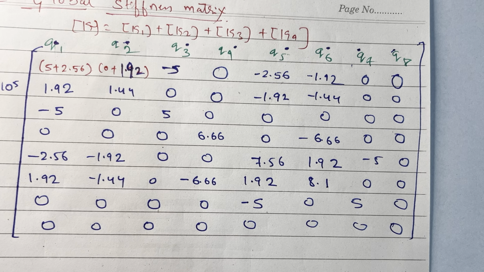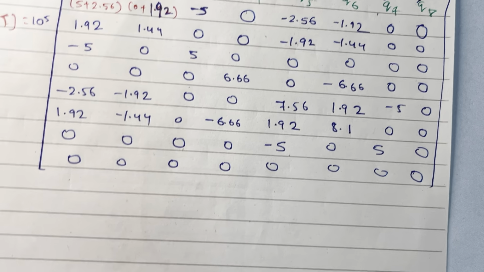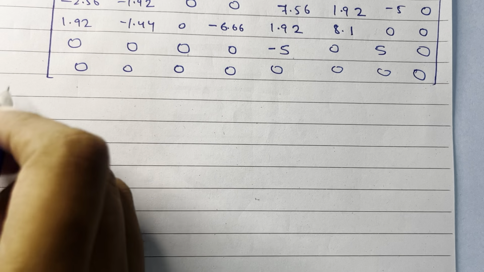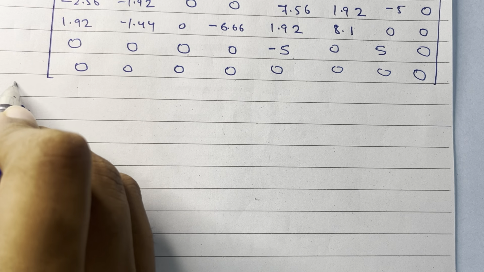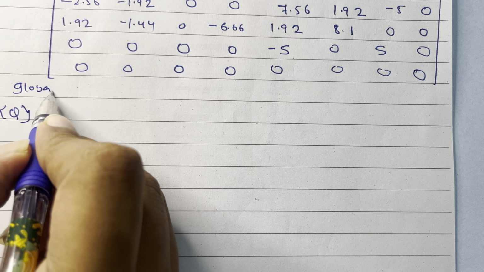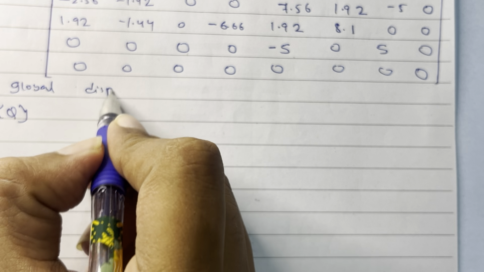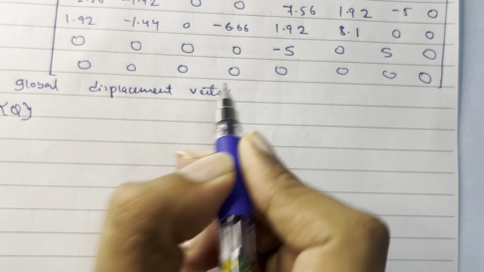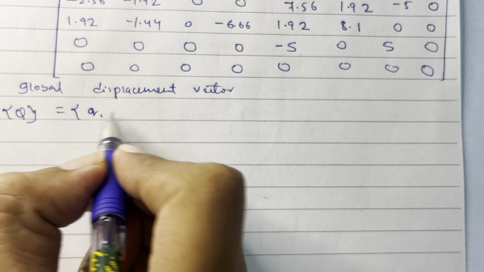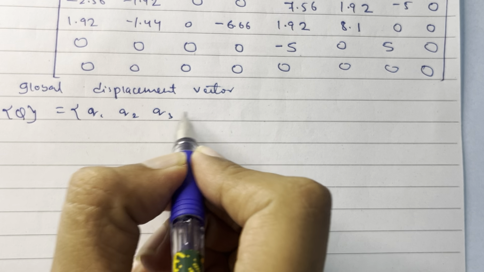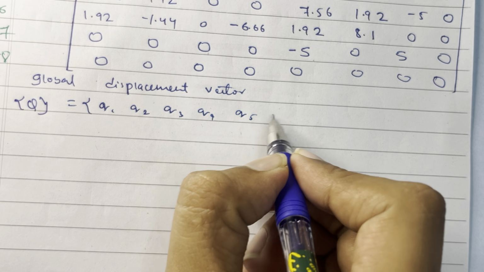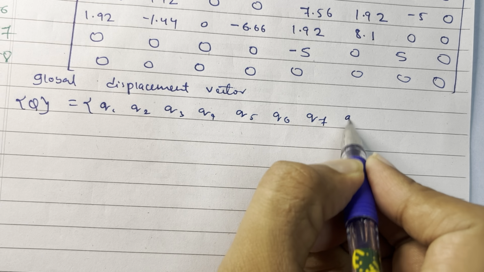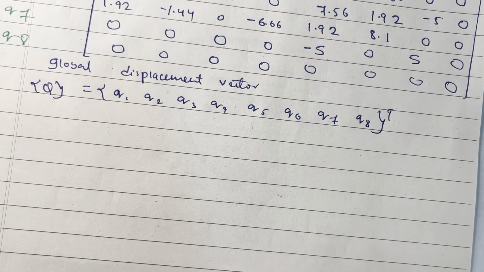Now we have to write the global displacement vector, that is Q. This is the global displacement vector, that is equal to q1, q2, q3, q4, q5, q6, q7, q8, that is transpose.